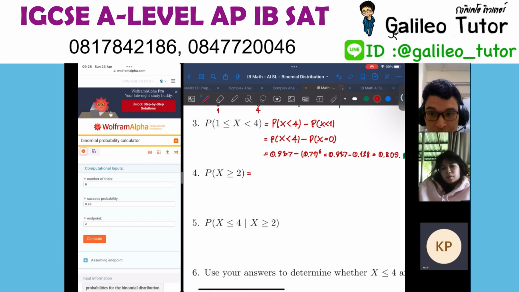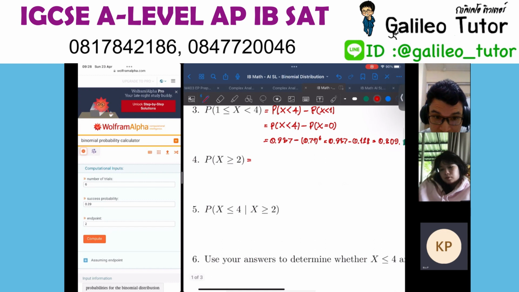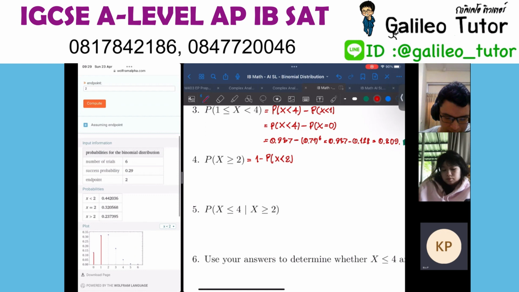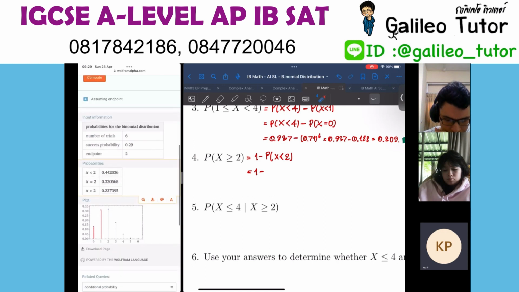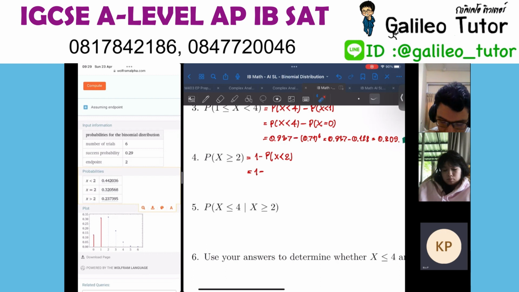I did binomial CDF. But it's greater than or equal to 2. So it's going to be 1 minus the probability of x less than 2, right? What is this probability, less than 2? Mine is 0.442. Going to my calculation, according to Wolfram Alpha.